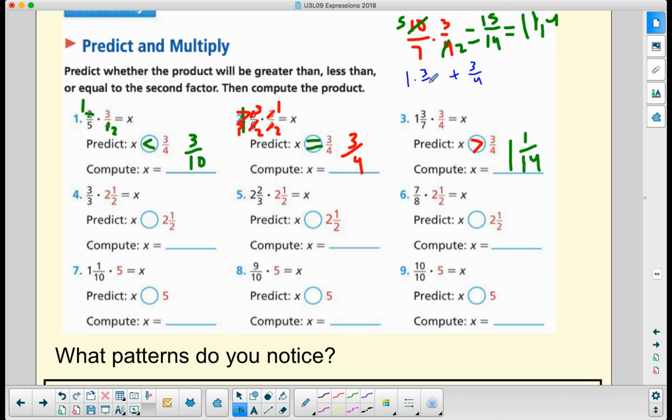I have one group of 3/4. But I'm also taking another 3/7 of a group of 3/4. I'm taking more than one group of 3/4, and that's why I have greater than 3/4. Now, one group of 3/4 is quite simply 3/4.